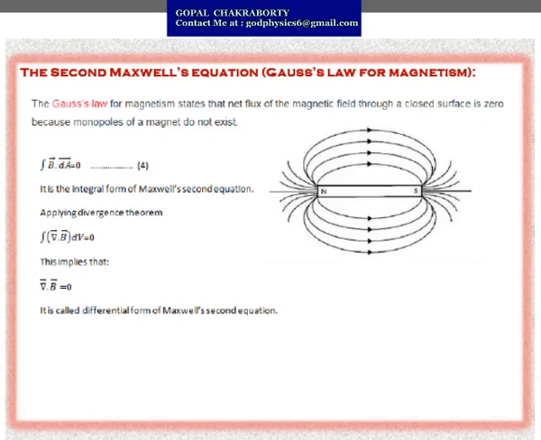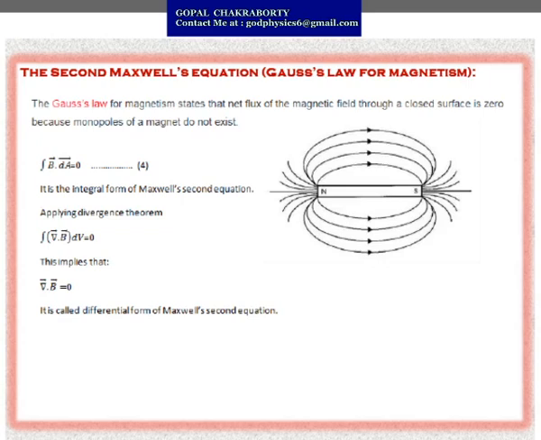Now if we apply the Gauss divergence theorem again, which relates the surface integral to the volume integral, the left hand side converts into the volume integral, and you will get the volume integral of del dot B dV equals 0. The right hand side is 0.